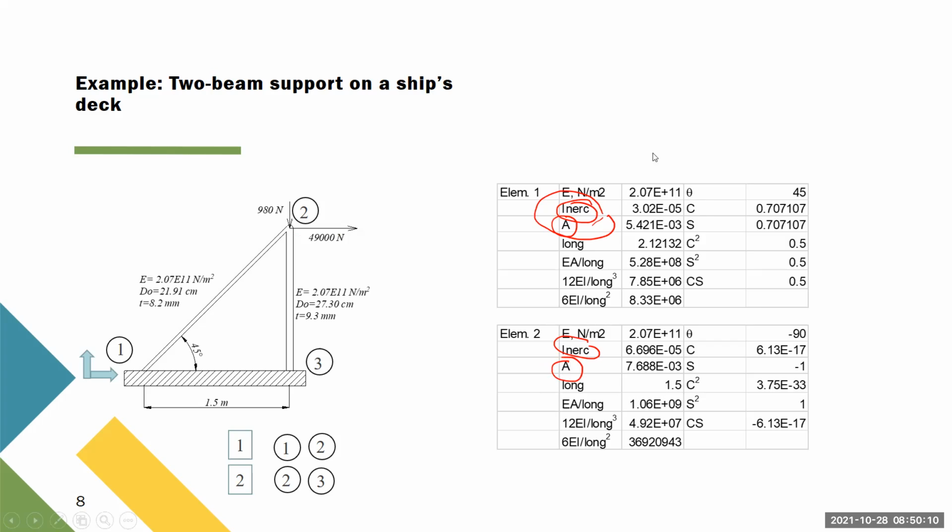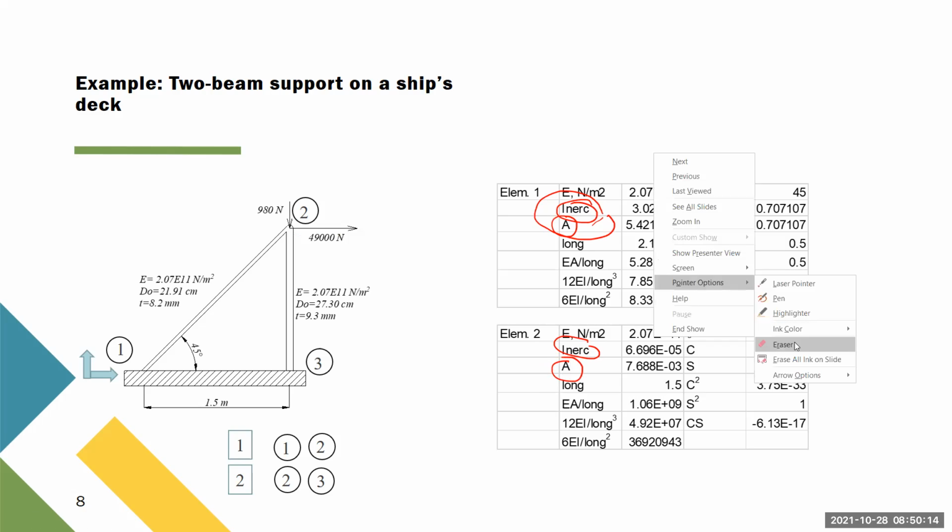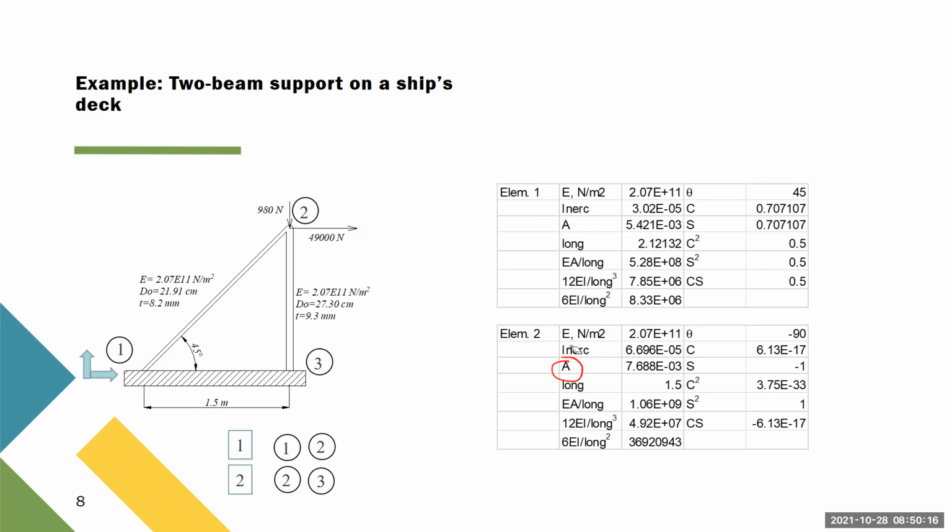Both effects will be considered, okay? So it's like a combination of chapter 1 and chapter 2. Immediately you see, because EA is connected to aligned or inline support, and EI, inertia, is for bending.